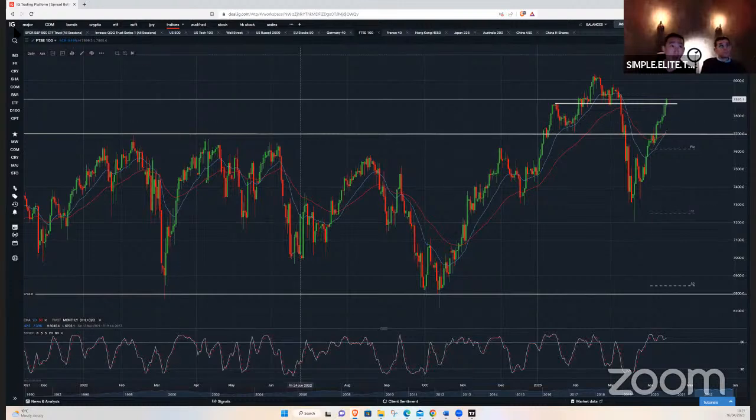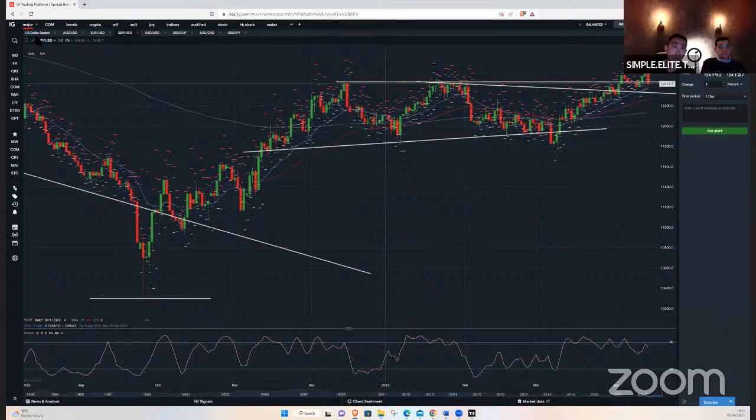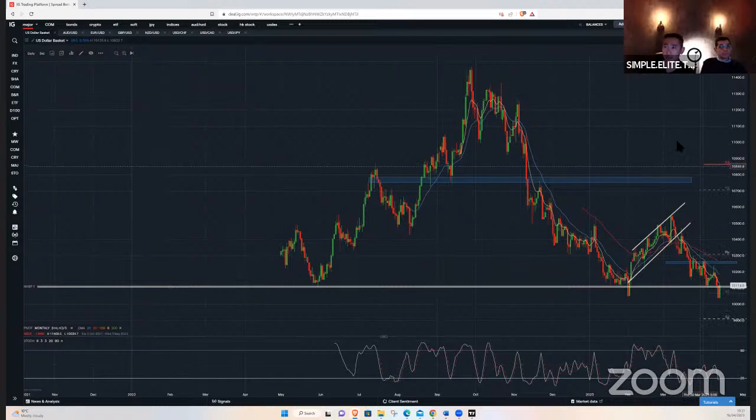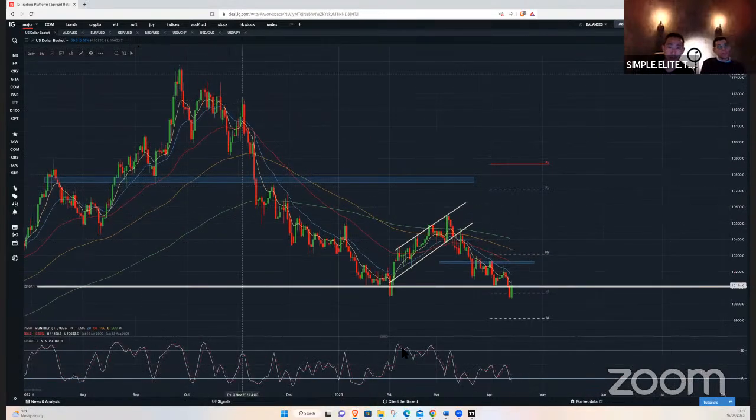I will use my IG chart to go through currency. Very interesting. This is the dollar index. On the dollar index, we have a downtrend on daily.